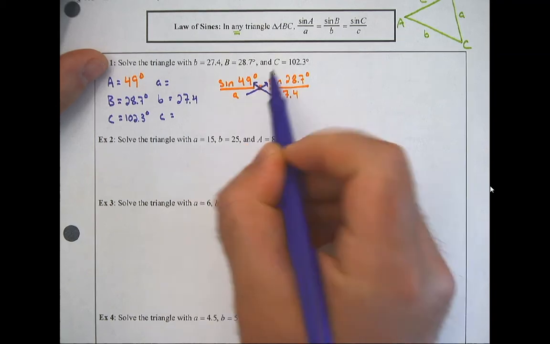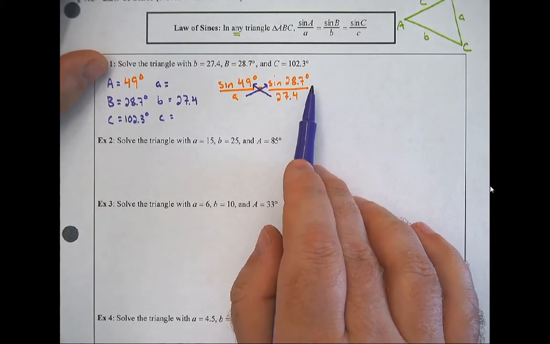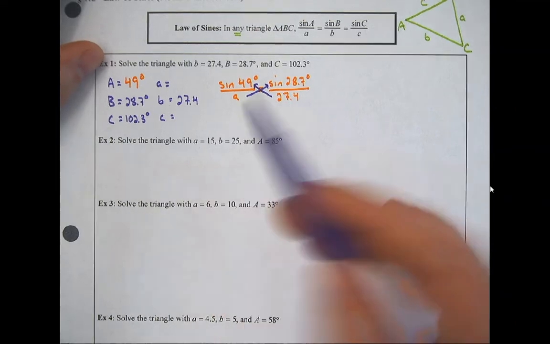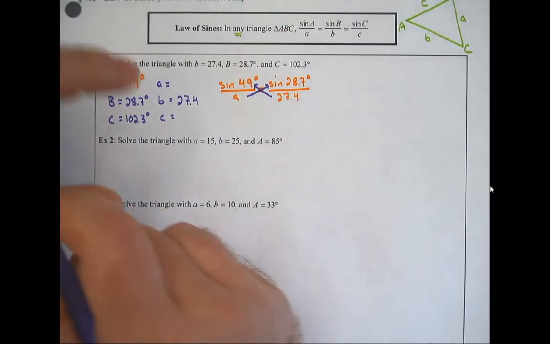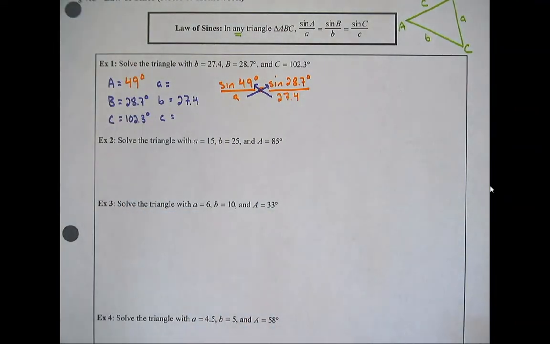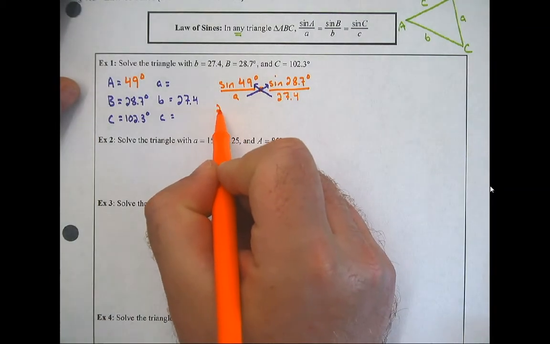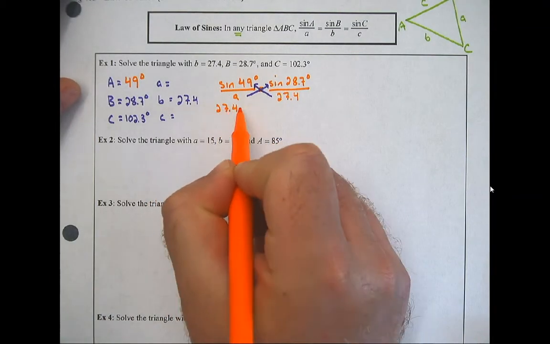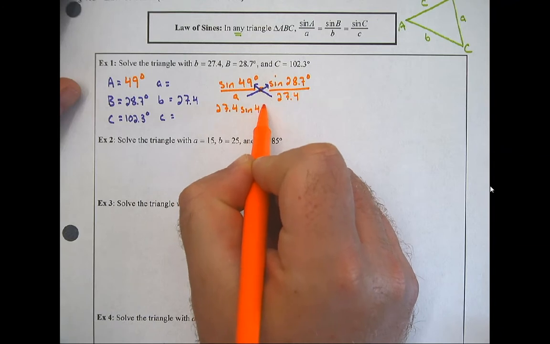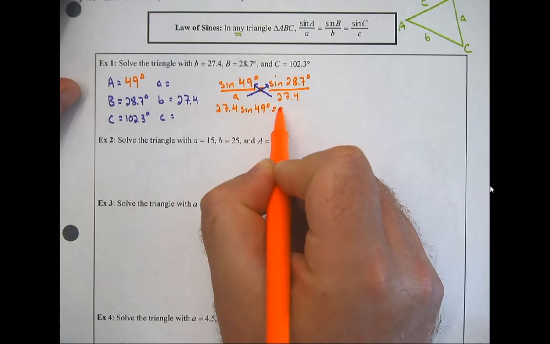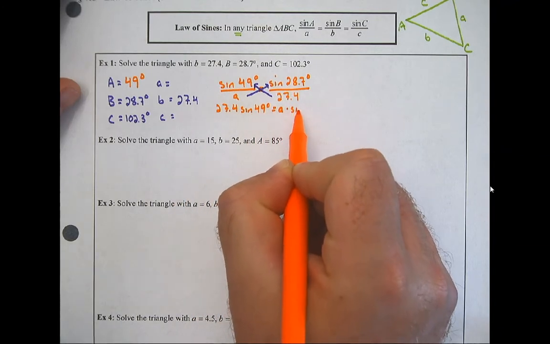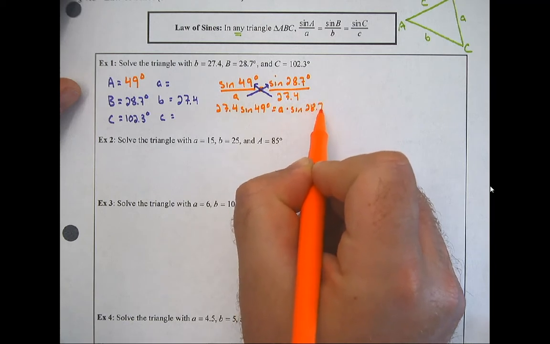And then at the same time, I would times both sides by 27.4. So the 27.4 would actually cancel out but end up on the other side. So our equation would now say 27.4 sine of 49 degrees would be equal to a times sine of 28.7 degrees.